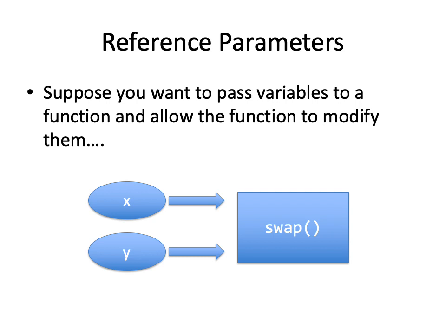So if x equals 1 and y equals 5, then after calling swap x and y, x will have the value 5 and y will have the value 1. So before x was 1, y was 5. Now y is 1 and x is 5. So this is what we'd like to be able to program.